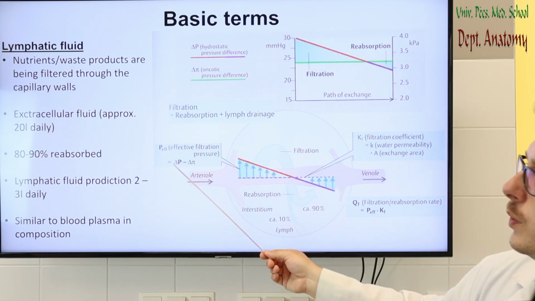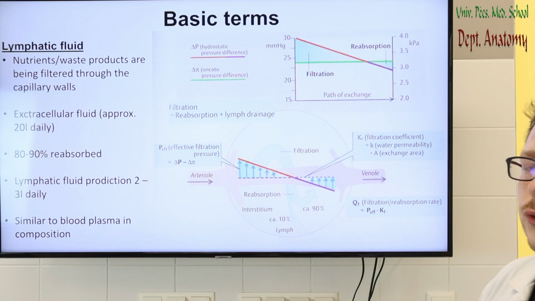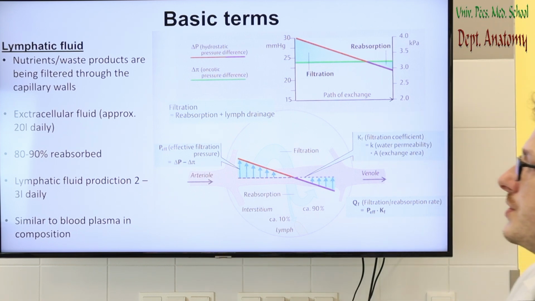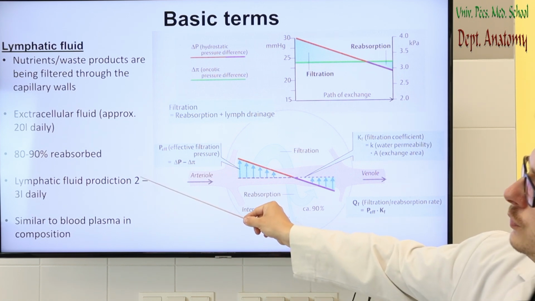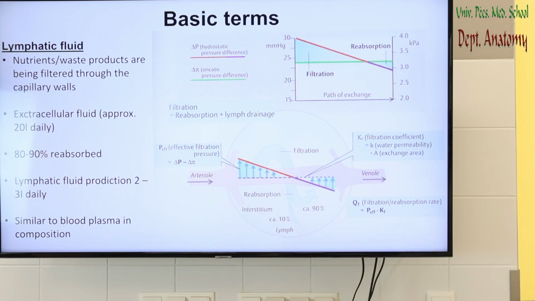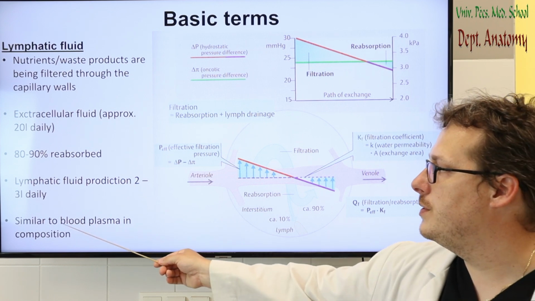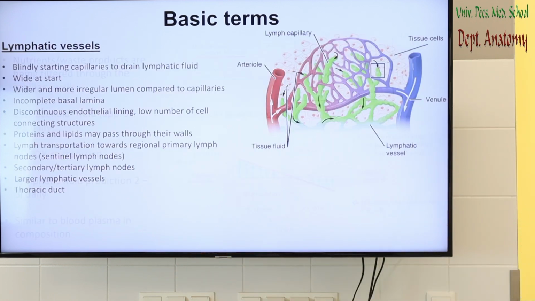However, the 10 to 20% of fluid which is not reabsorbed will remain amongst the tissues. This means about 2 to 3 liters of fluid, which is a lot, and this becomes the lymphatic fluid. As you can imagine, the lymphatic fluid in composition is very similar to the blood plasma.